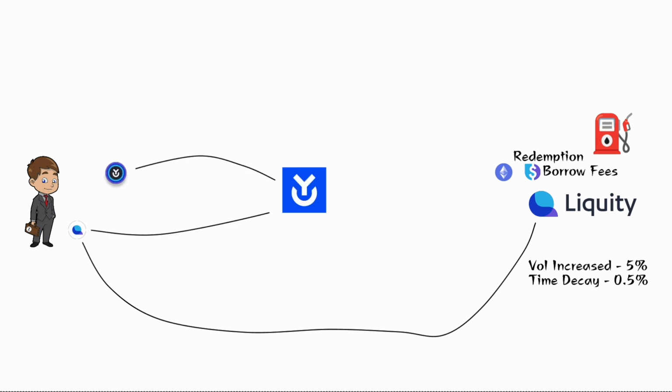Now along comes Yearn. Yearn builds this vault. So instead of Dollar Bill staking his Liquity in one of the Liquity front ends, he can go to the Yearn front end and stake it in there. So he will deposit it into the Yearn vault. The Yearn vault will kick him back a yLQTY token. So this is a Yearn vault token.